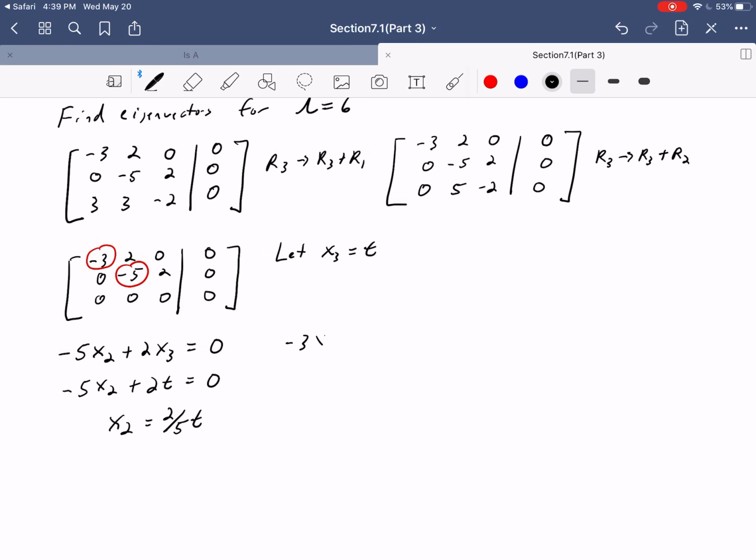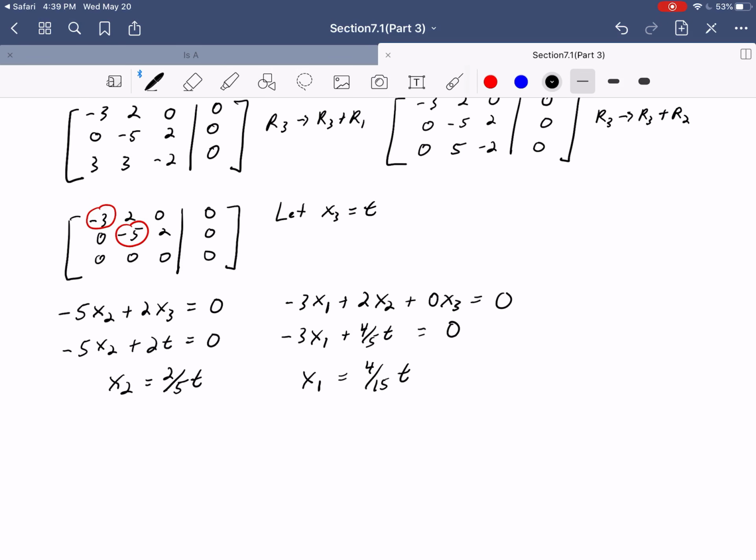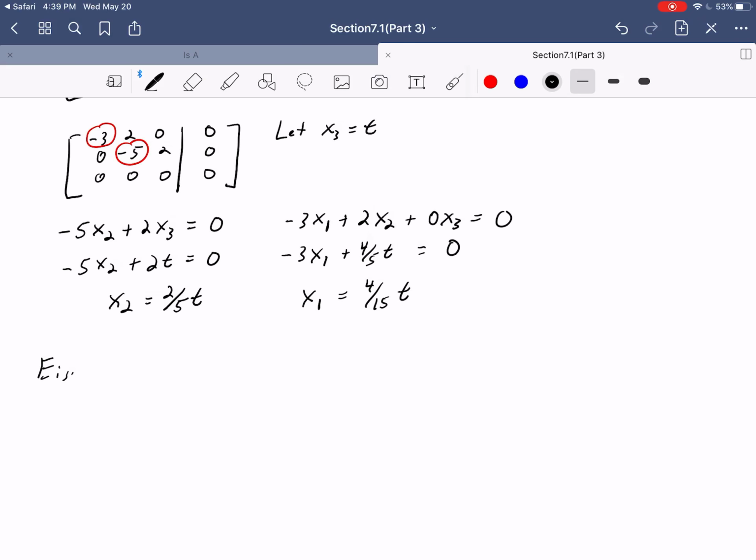Then negative 3x1 plus 2x2 plus 0x3 is 0, so negative 3x1 plus 4/5 t equals 0, and x1 is 4/15 t. So eigenvectors for lambda equals 6 are of the form 4/15 t, 2/5 t, and t.